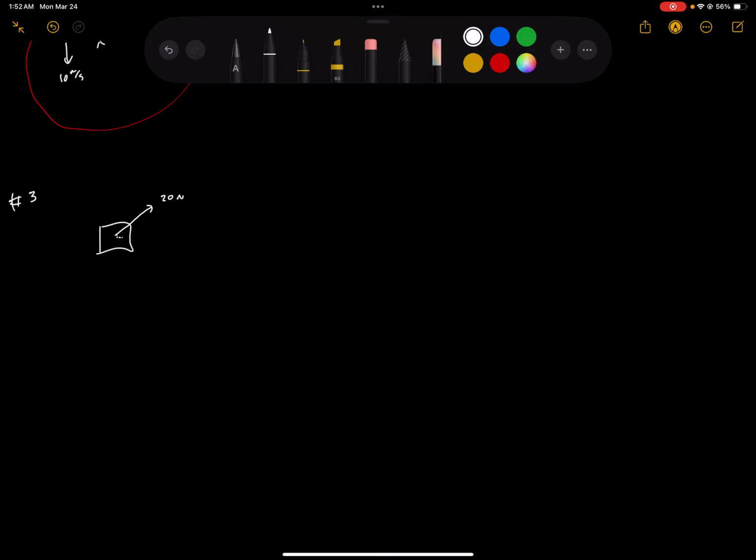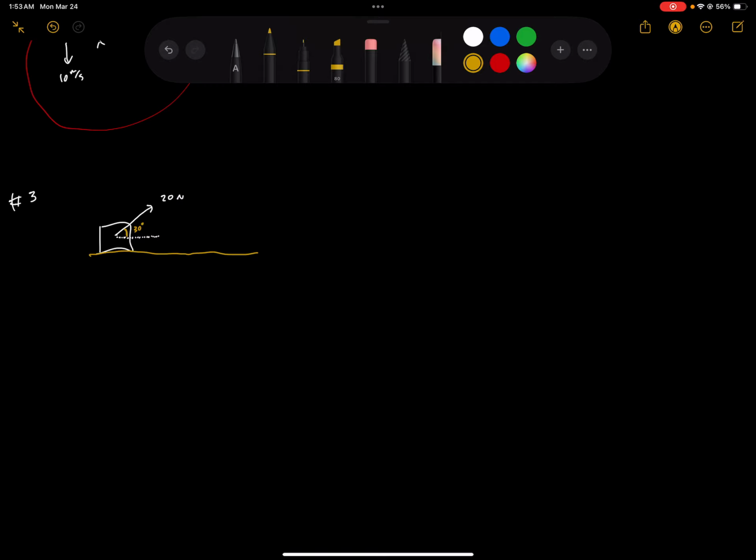The way I'm going to do that is draw this little dotted line here, and I know that this angle here is 30 degrees. So this box is being pulled along the ground, but the applied force is at an angle of 30 degrees above the horizontal, right?